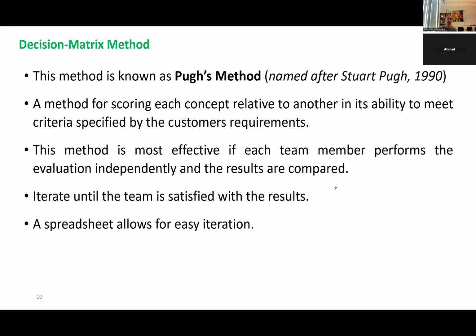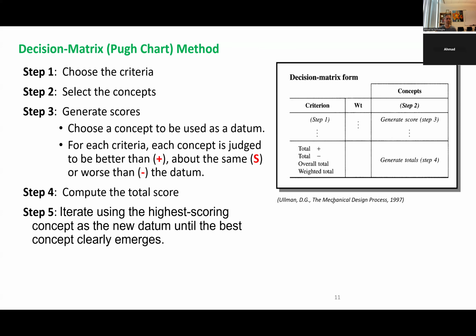I would say this method is very effective if each team member, let's say you have a team of 4 or 5 working on a project, separately creates the Pugh chart and the scoring, and then you compare until the results agree and all team members are on the same page. Perhaps using an Excel spreadsheet makes the calculation easier. I'm just going to show you an example shortly so you know what this method is.